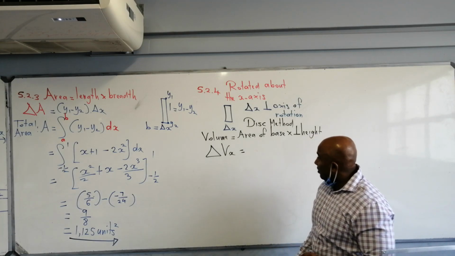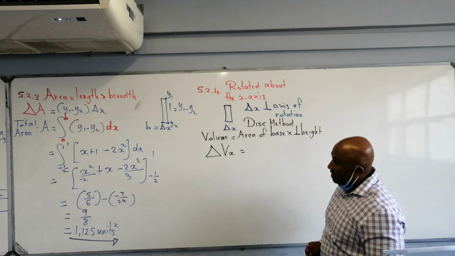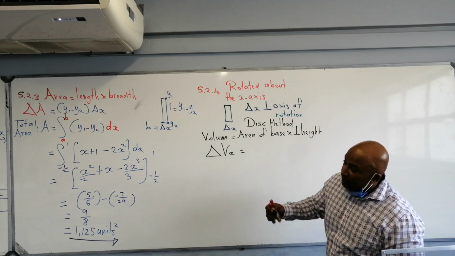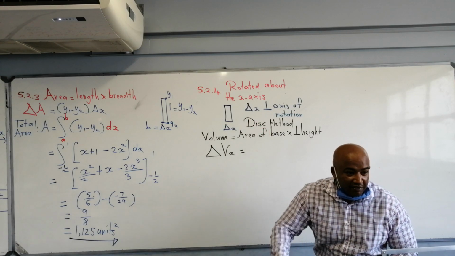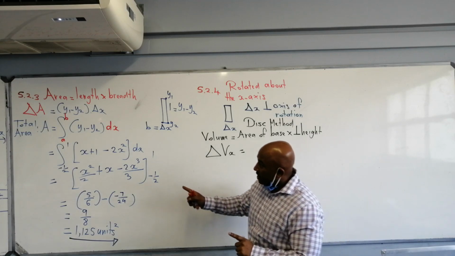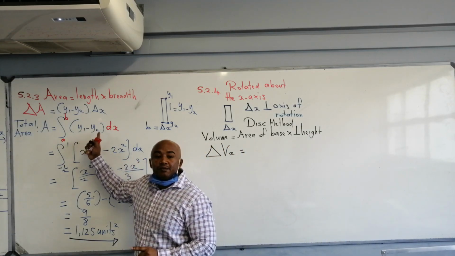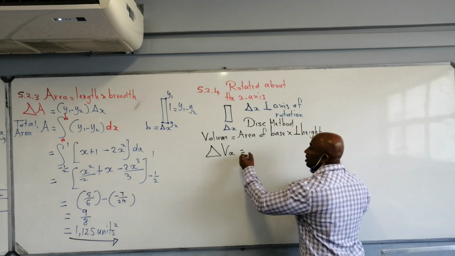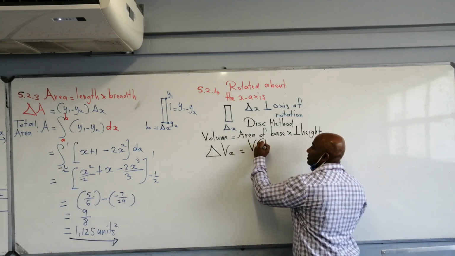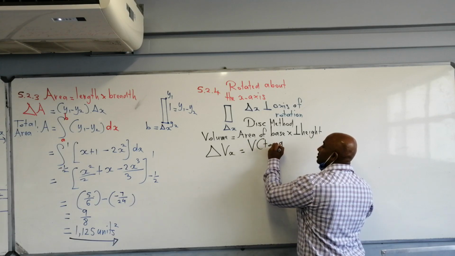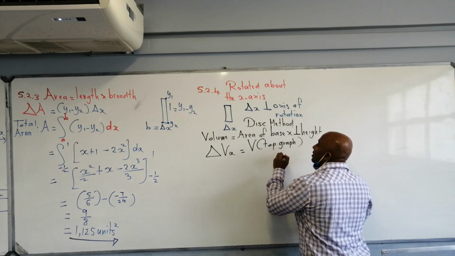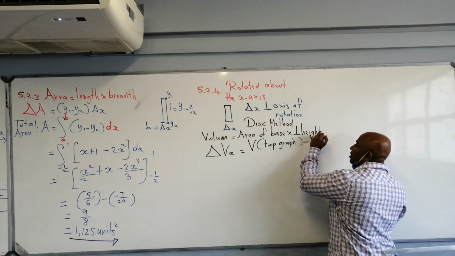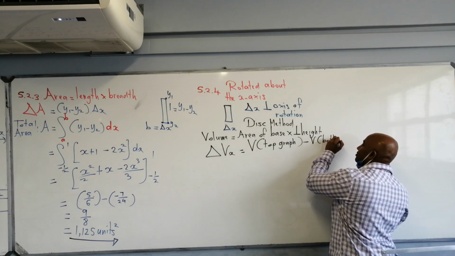Area of base times perpendicular height. In this case, we're going to take the volume of the top graph, just like how we worked out the length is top minus bottom. So with volume, it's going to be the volume of the top graph minus the volume of the bottom graph.